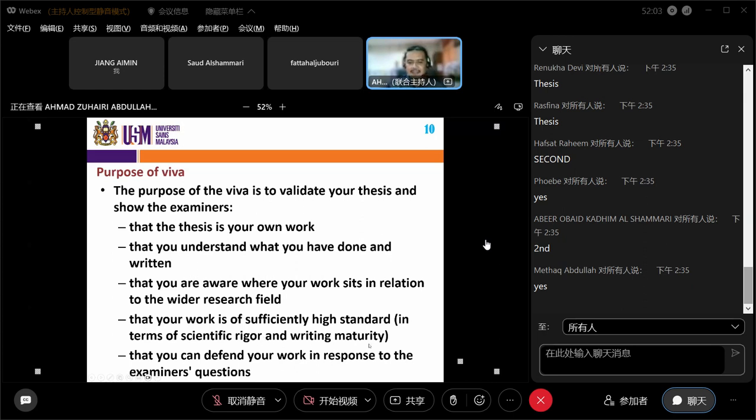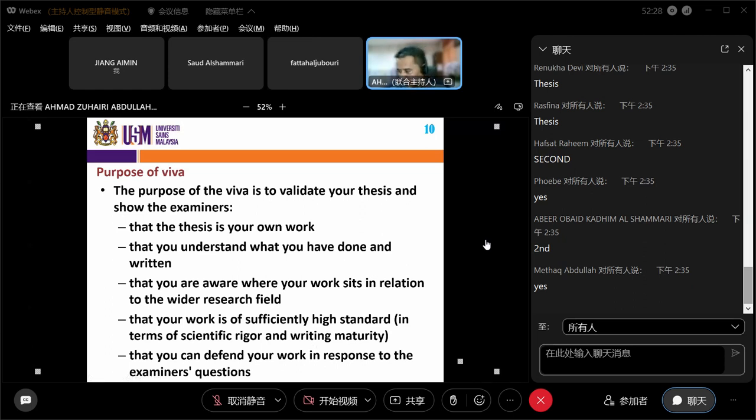We want to see that. Okay, high standard, depth, and also breadth of the work. Right, so the work, usually master or PhD, should not be too broad. It should be narrow and deep. Okay, and the finding should be of a certain acceptable level. Right, and also at the same time we can see the maturity of the writing skills.